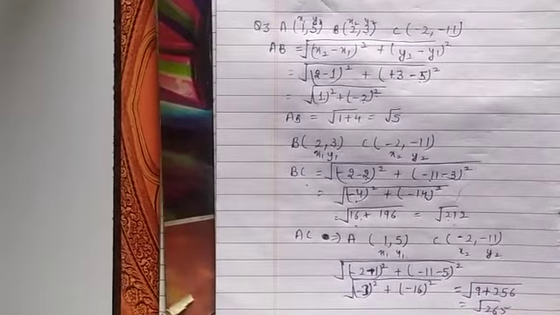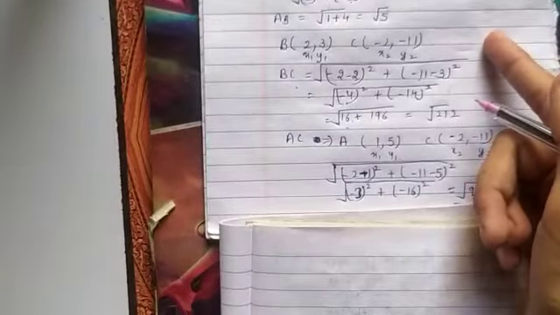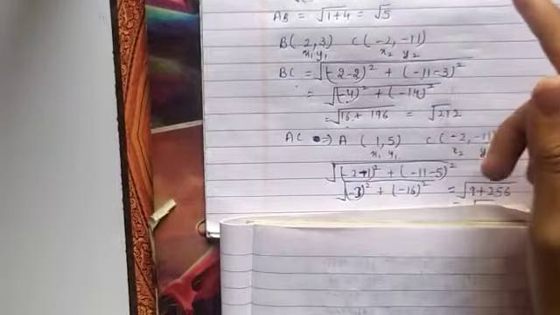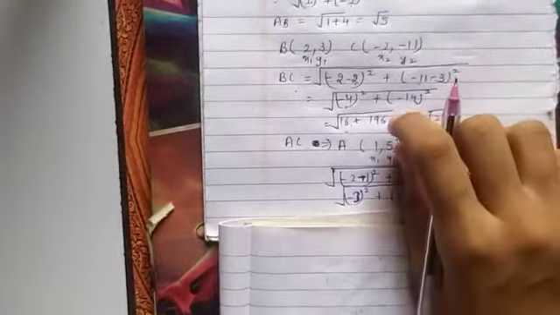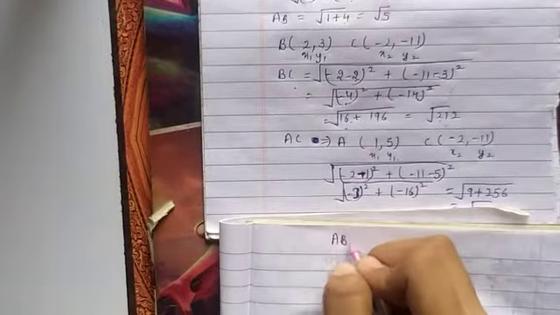So we have calculated the distance of AB, BC and AC. So these are our distances. To determine that these points are collinear, we have to add the two sides and then we can put that equal to the third side. So let it be AB plus BC is equal to AC.